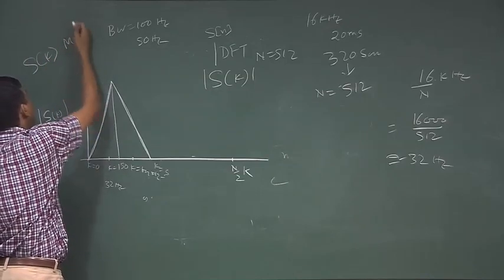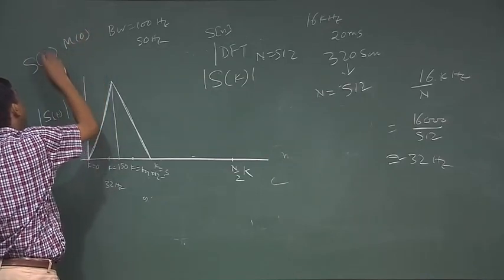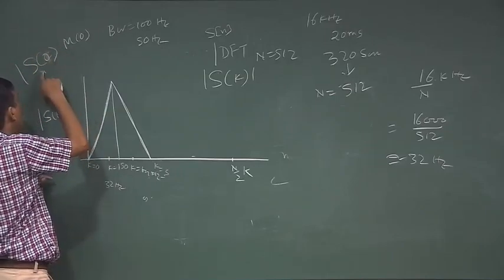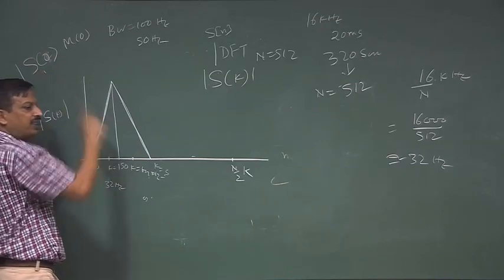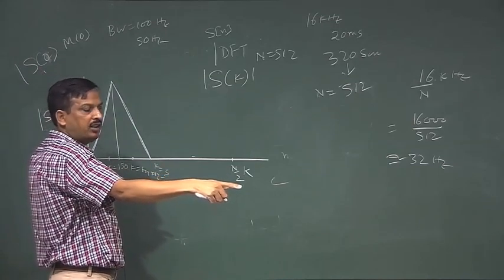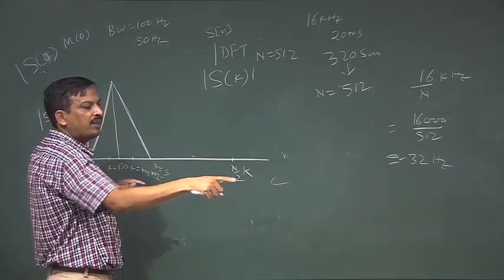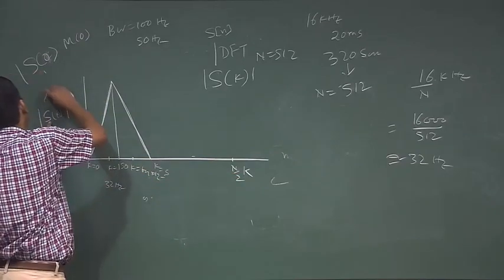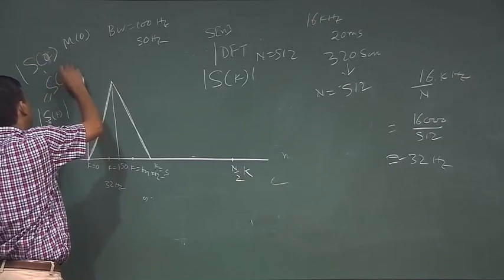For k equal to 0, I can calculate the mod of S(k). The capital S(k) in the equation on the slide represents the mod of S(k), the original spectrum.